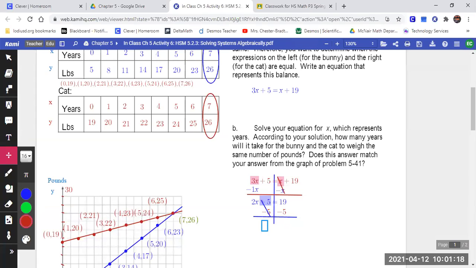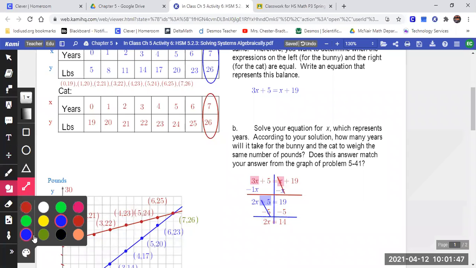What's left on the left-hand side? 2x. And that 2x has to equal what? 14. So have we handled all our big zeros? Yes, so now we got to handle our big 1, right?